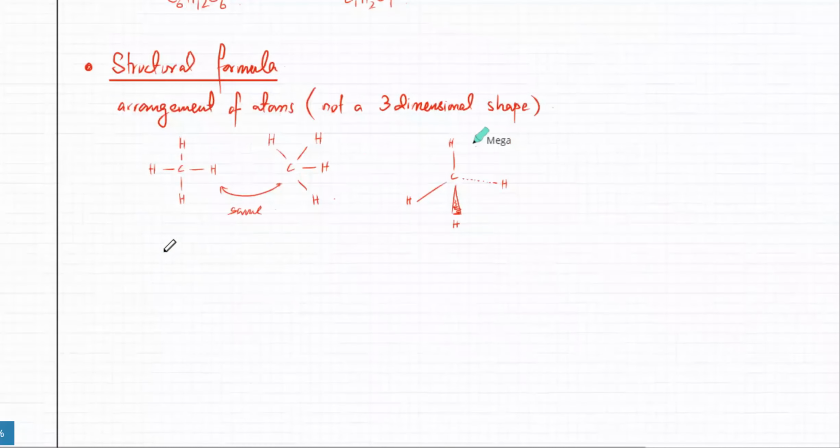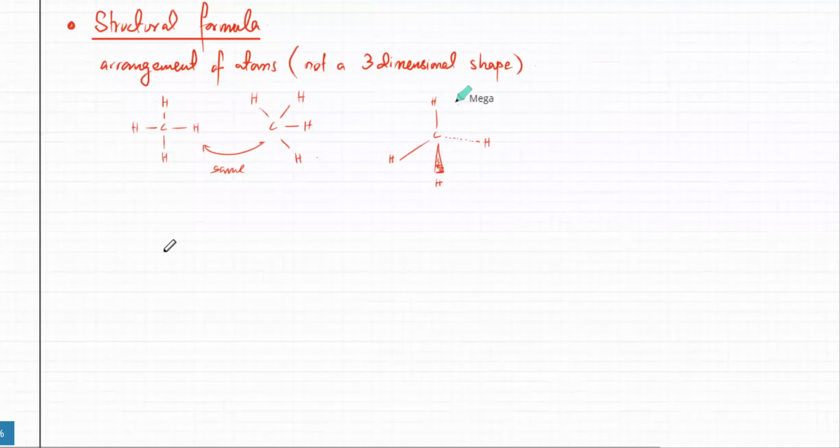Now, the first thing is structural formulas, and we're going to talk about the first type of structural formula. Remember, there are different types of structural formula. Number 1 is a fully displayed formula.